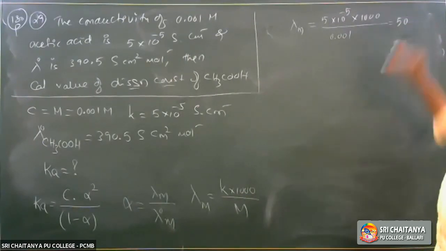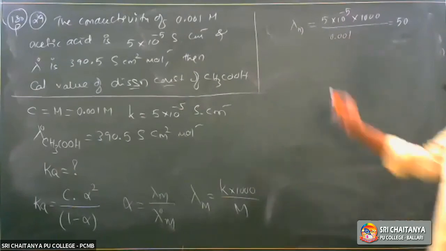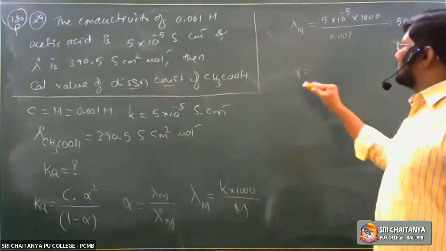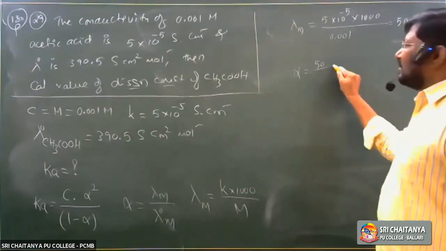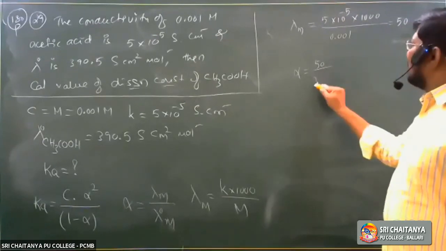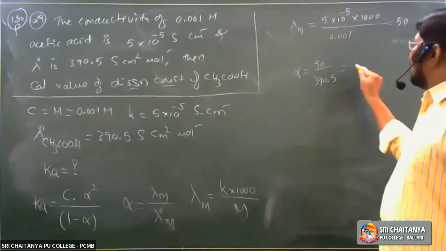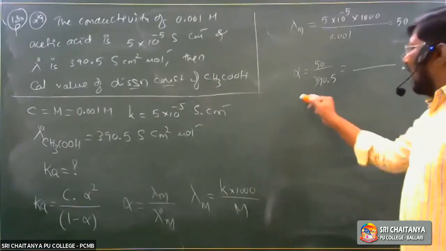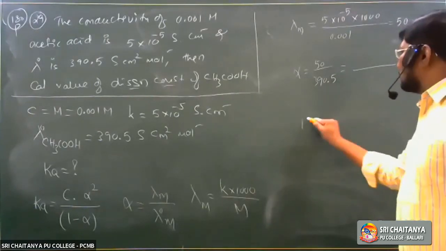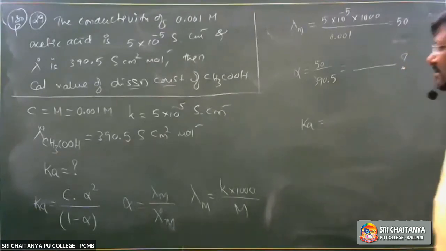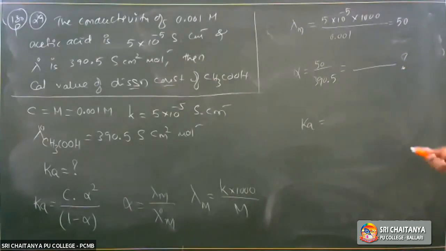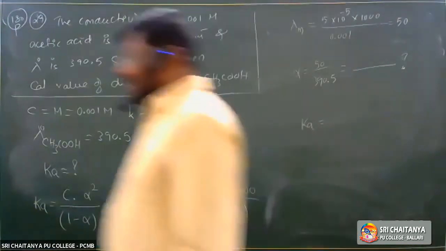So overall it becomes 50 as lambda m. Therefore alpha is 50 by 390.5. That is the way you do it.